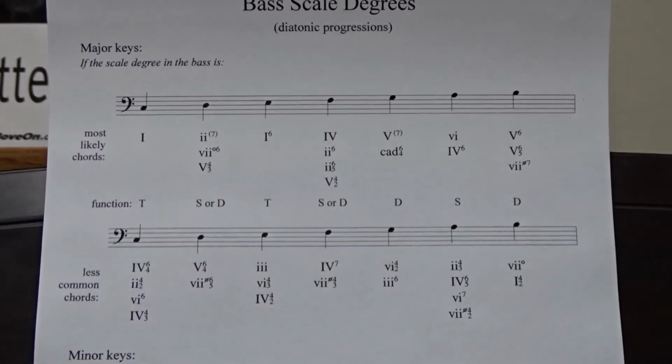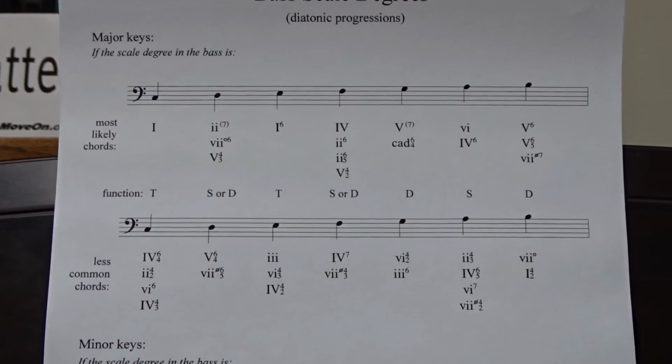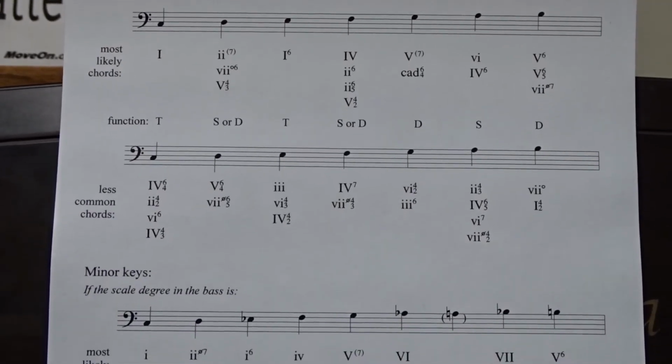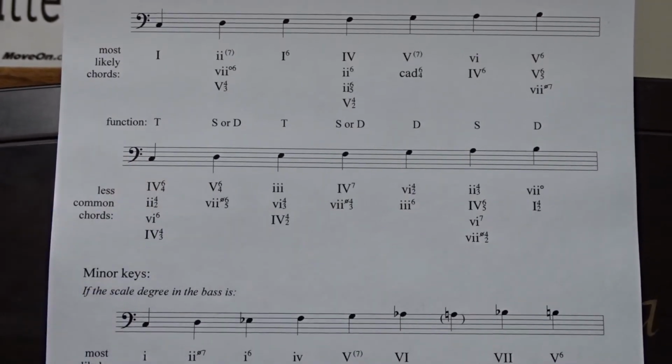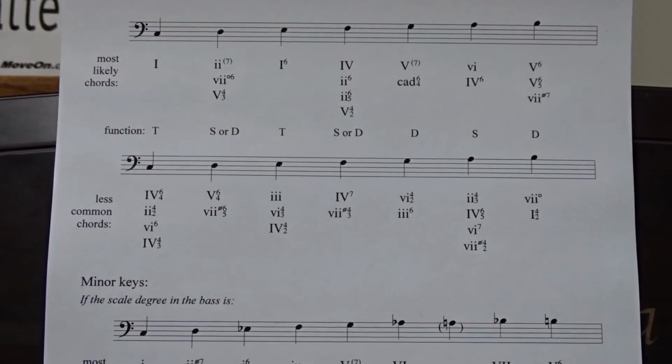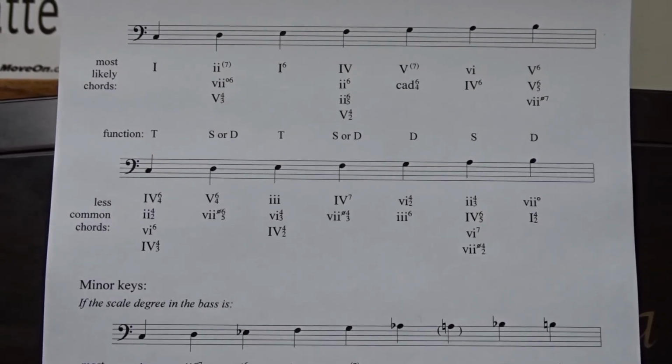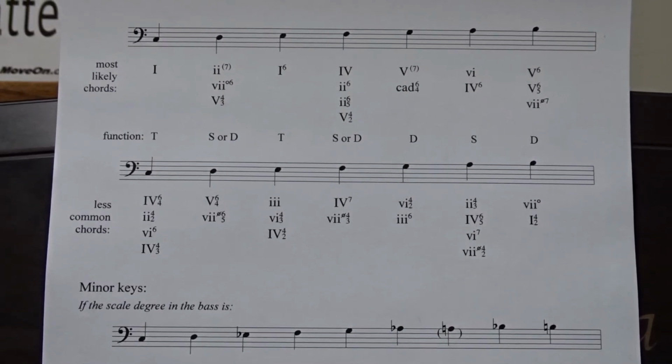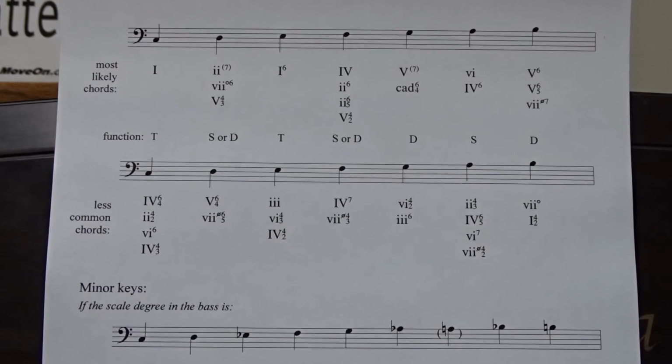Now, you can have other possibilities. I'll just point out a few of these less common chords. On one, instead of a 1, you could have a pedal 4/6/4, a pedal 2/2, and much less likely a 6/6 or a 4/4/3.